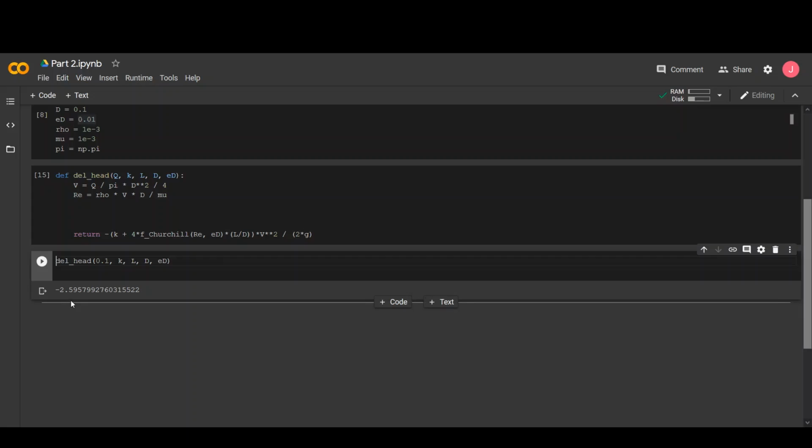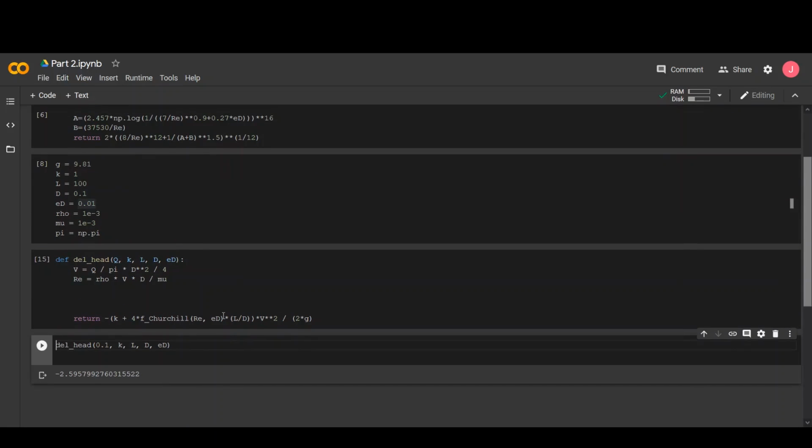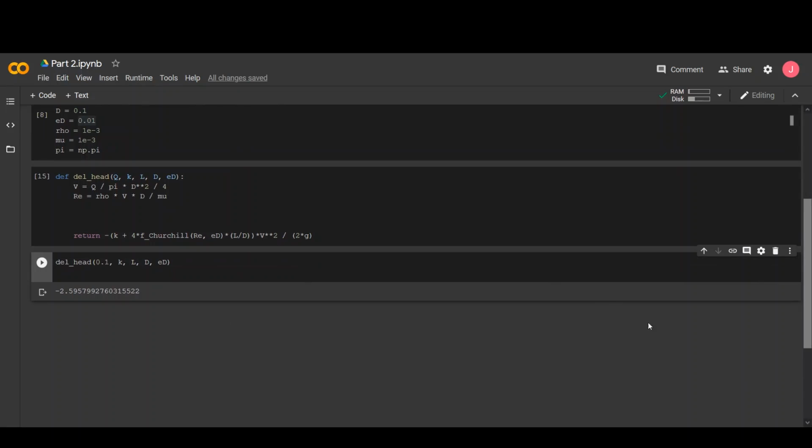Okay, so we got negative 2.59. That's saying if our flow rate is 0.1 meters cubed per second, we get a differential head of something like negative 2.59. Yeah, I think that makes sense, because if we have a drop in delta head, we're moving from an initial position to a lower position in the pipe.